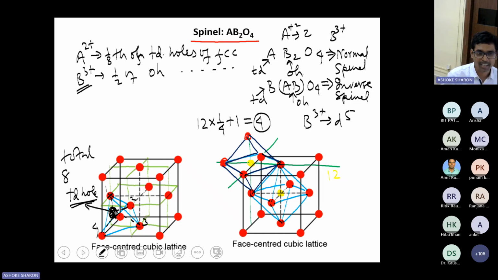It has been observed that in those cases it may adopt the inverse spinel structure. In the rest of the cases, we need to consider the respective crystal field stabilization energy.